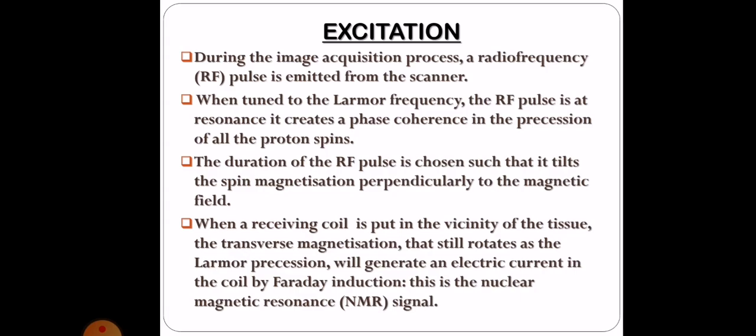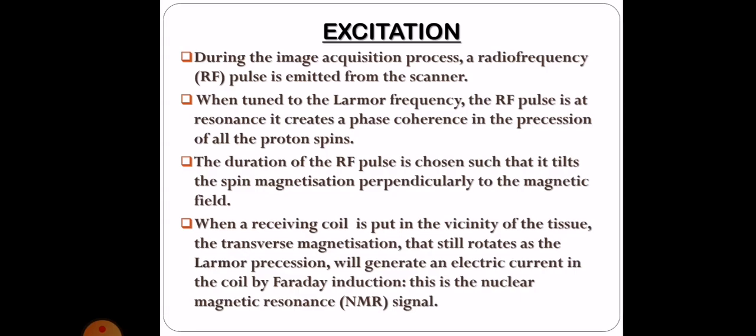When a receiving coil is put in the vicinity of the tissue, the transverse magnetization that still rotates at the Larmor precession will generate an electric current in the coil by Faraday's induction. This is the nuclear magnetic resonance signal, also called the NMR signal.